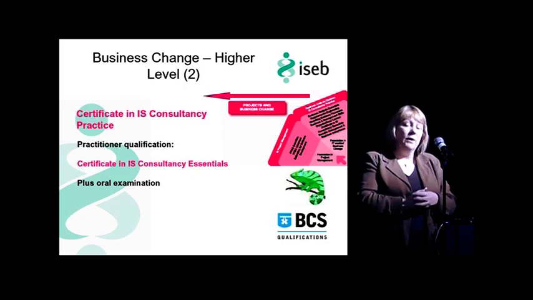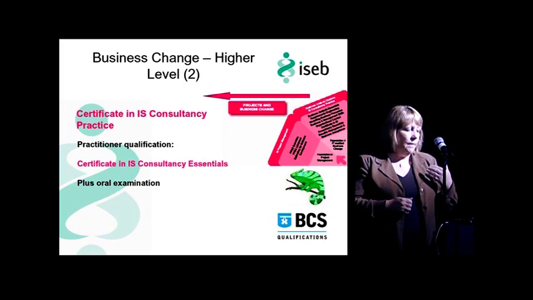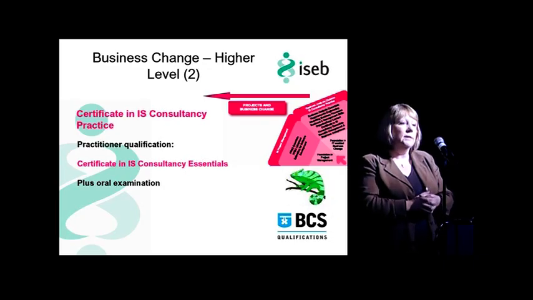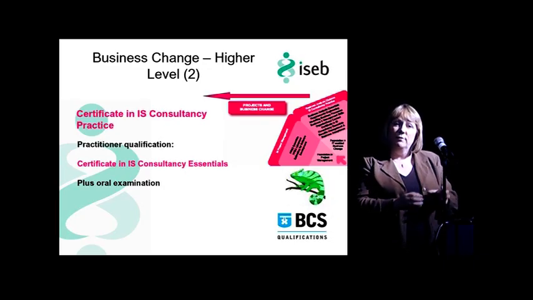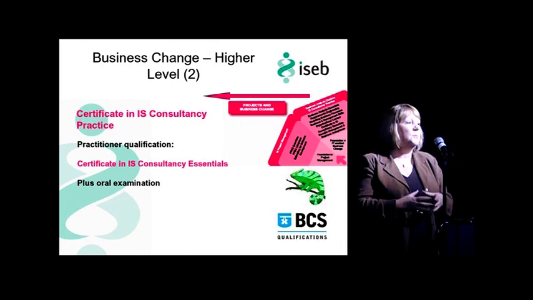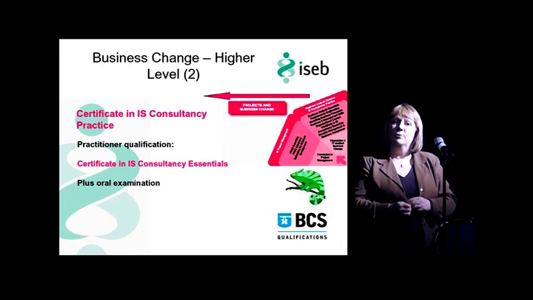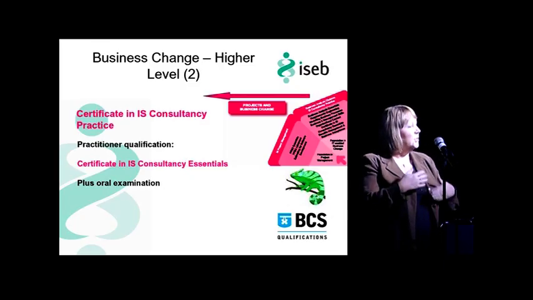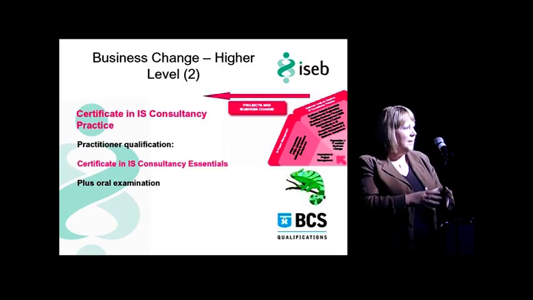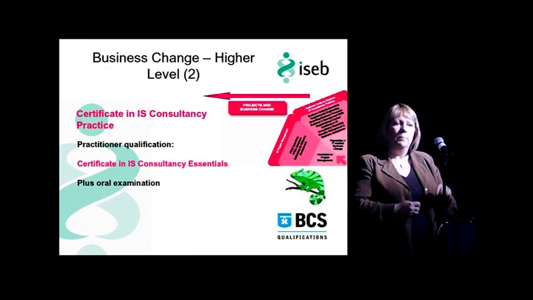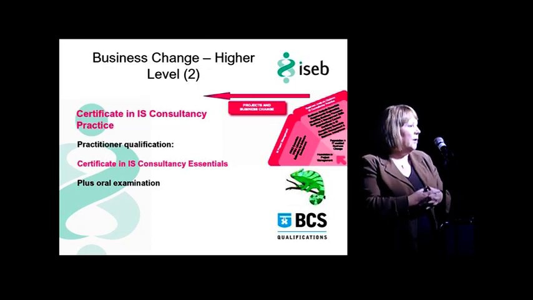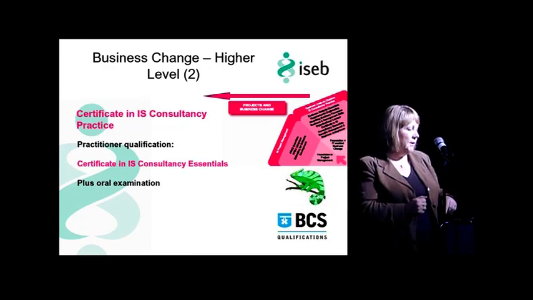But to get the certificate in IS consultancy practice, the individual then has to do an oral examination. As part of this oral examination, they have to bring along a pre-prepared presentation, which they have to be able to deliver and answer questions on. So there are specific techniques within that oral that people are expected to be able to carry out and demonstrate to the satisfaction of the examiners.